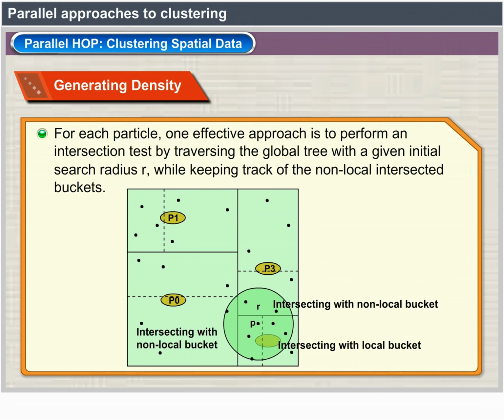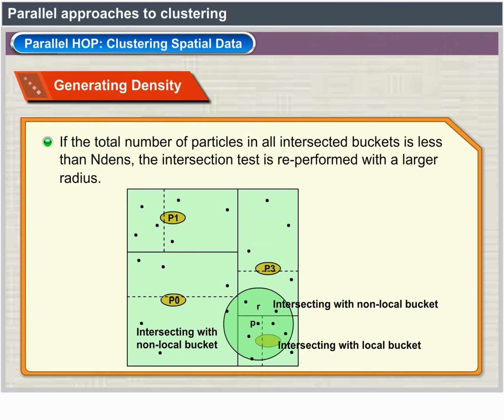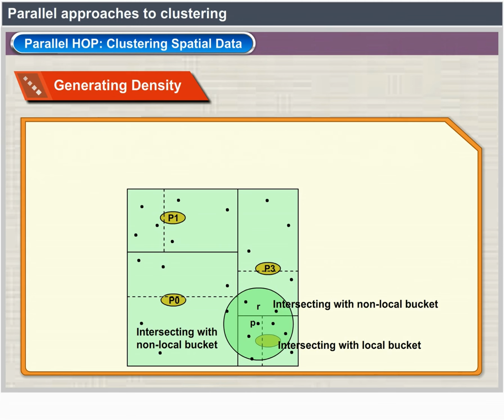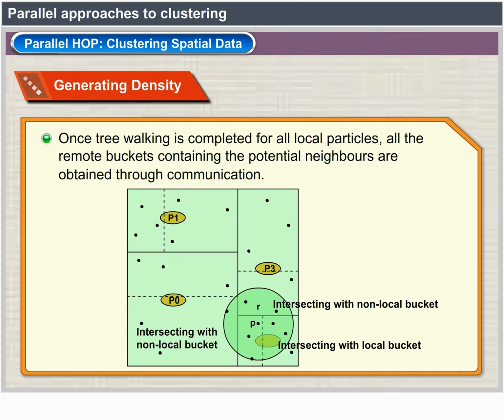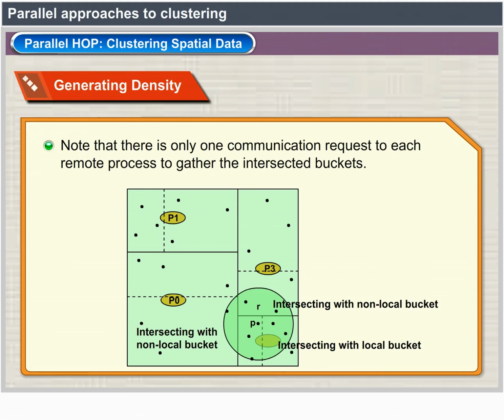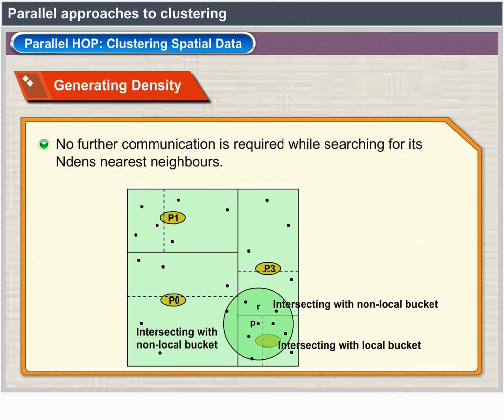If the total number of particles in all intersected buckets is less than n-dense, the intersection test is reperformed with a larger radius. Once tree walking is completed for all local particles, all the remote buckets containing the potential neighbors are obtained through communication. Note that there is only one communication request to each remote process to gather the intersected buckets. No further communication is necessary when searching for its n-dense nearest neighbors.